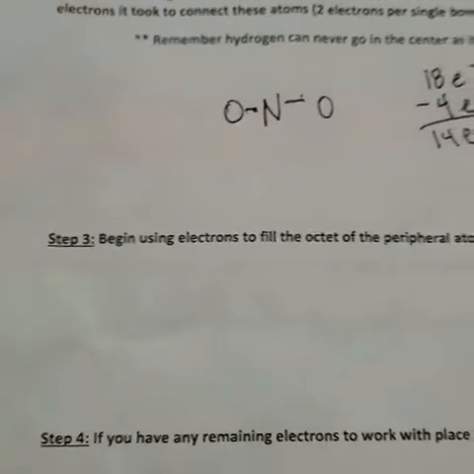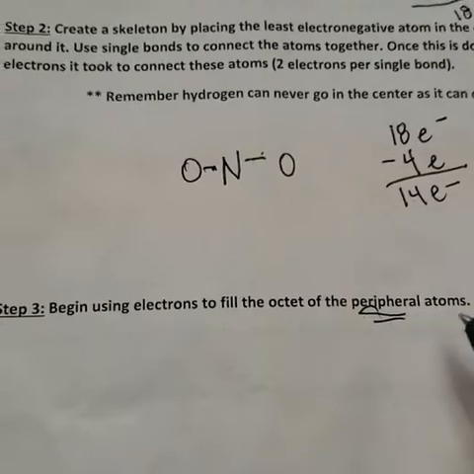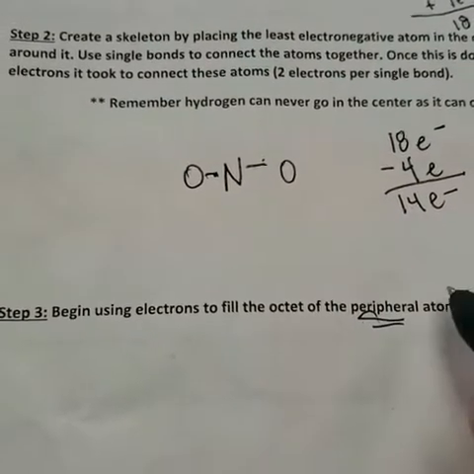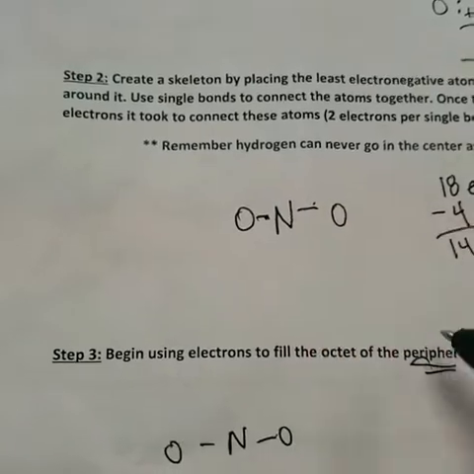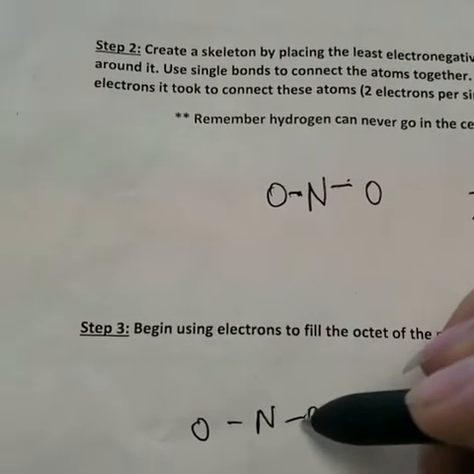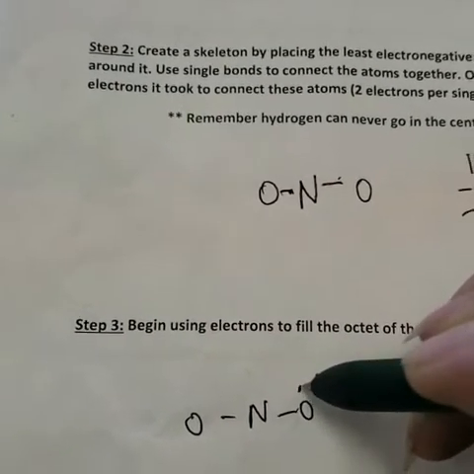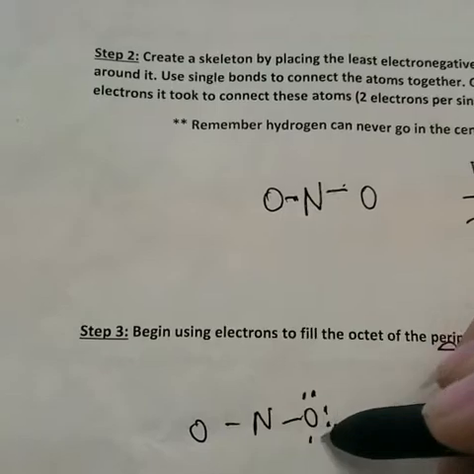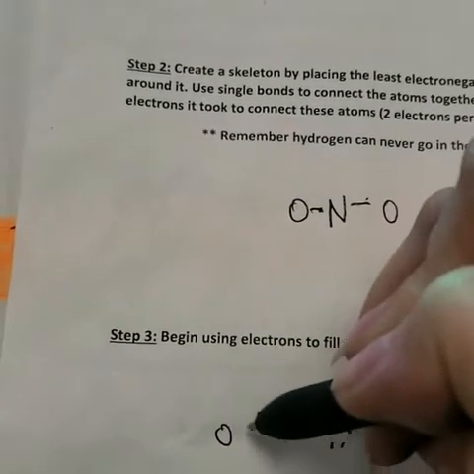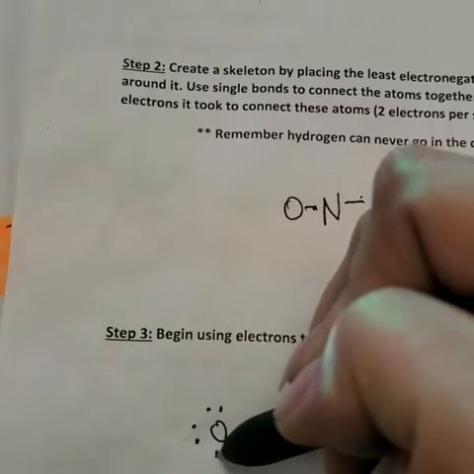Step 3. Begin using electrons to fill the octet of the peripheral atoms. Peripheral means outside. So I'm going to redraw. And now I'm going to start adding up. Oxygen has 2. This bond represents 2. So I need to add 6 to get to 8. 1, 2, 3, 4, 5, 6. Same thing. 2, 3, 4, 5, 6, 7, 8.